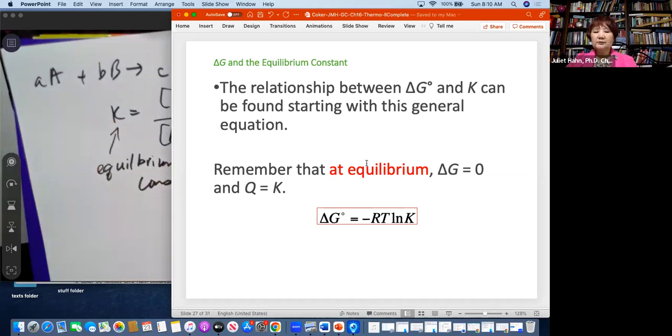So the relationship, and there's a derivation in your book if you want to look at it, but the derivation results in this equation.